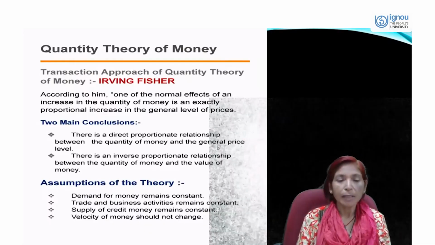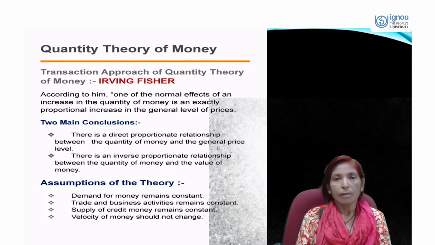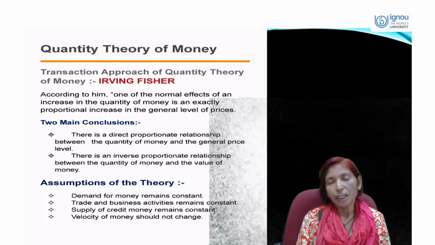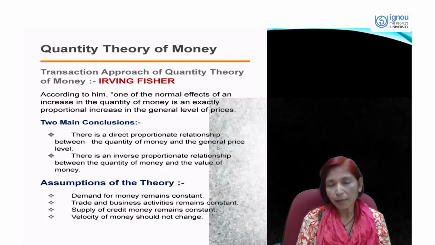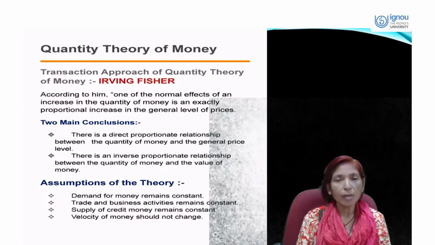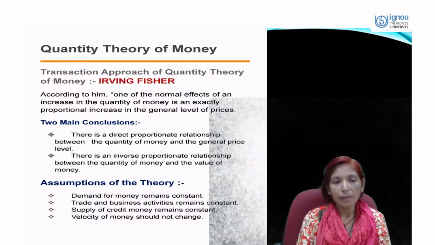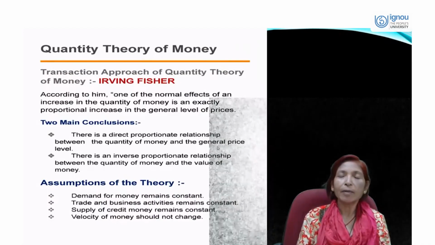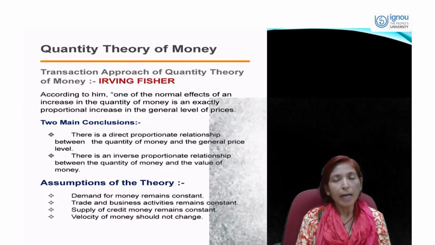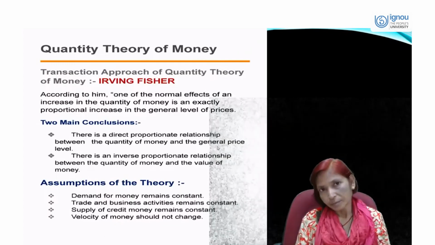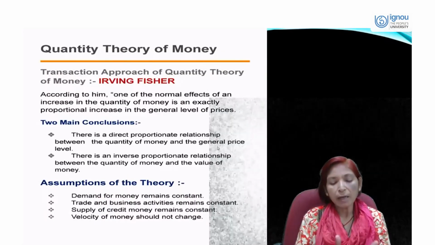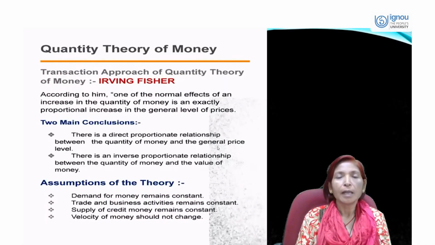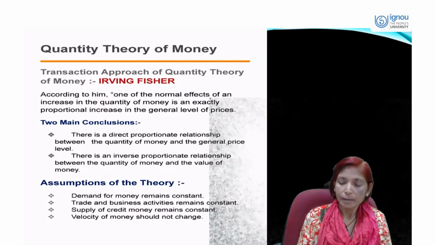Fisher assumed that in the long run, full employment we can always achieve, and it's very easy to achieve full employment level in the long run. So when full employment is achieved, whenever money supply rises, only price level will rise and value of money will fall. This is the main idea of this quantity theory of money according to Irving Fisher.